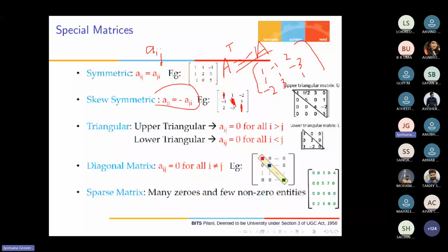Now you check. Is this equal to minus A? If this is minus A, then yes. Here also. So this is not equal to minus A now. That middle one is not matching.